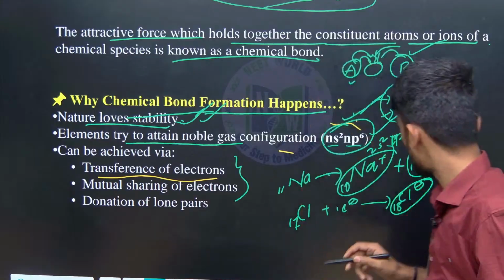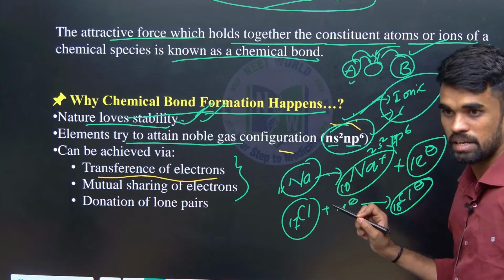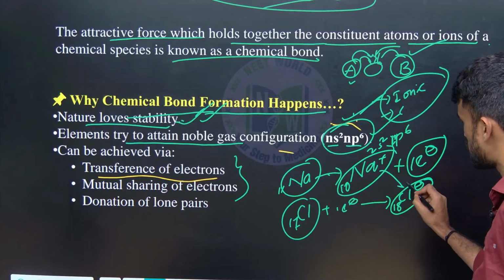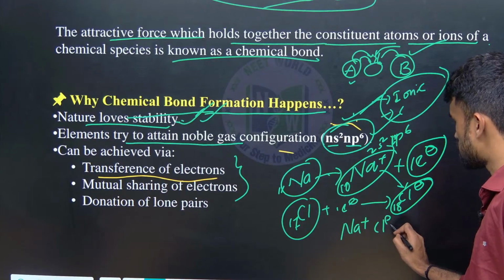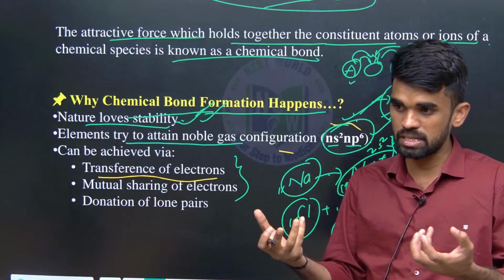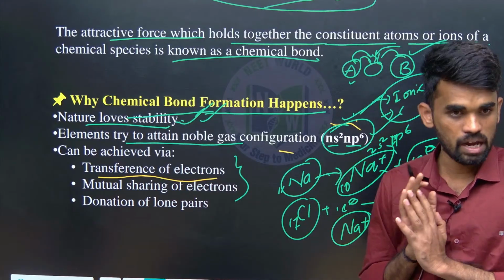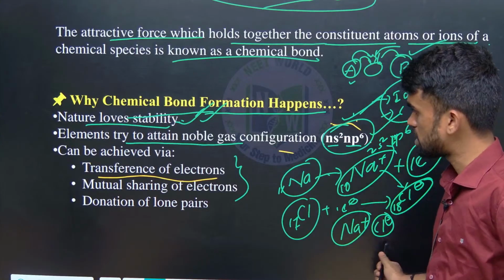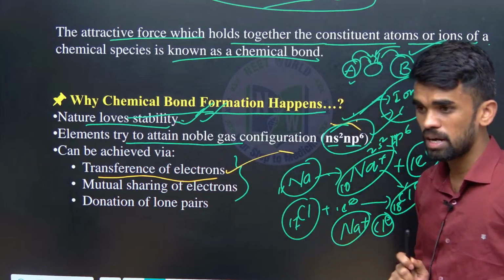So sodium is losing one electron and chlorine is gaining one electron, resulting in two ions, Na+ and Cl-. The oppositely charged cation and anion are attracted by electrostatic attraction between them, which results in the formation of an ionic compound by transfer of electrons.